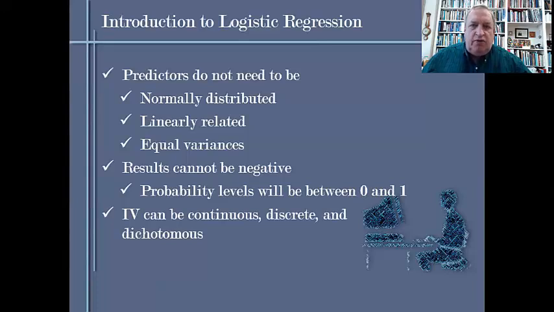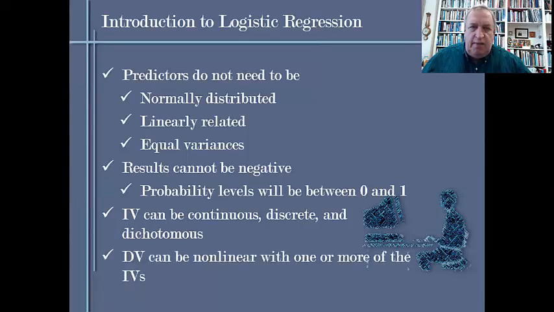The independent variables can be continuous, discrete, or dichotomous, so your scaled data, which is ordinal and ratio, can be used as part of your independent variables, and the dependent variable can be nonlinear with one or more of the independent variables.